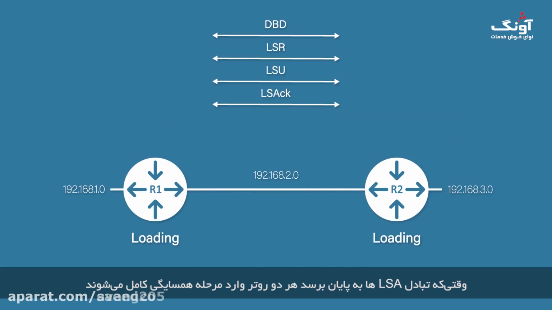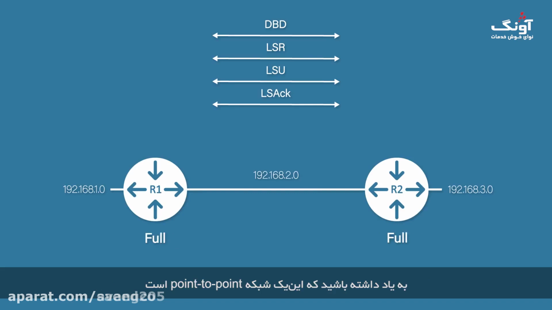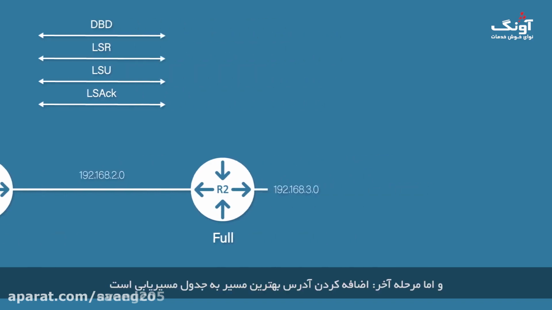Once the exchange of LSAs has completed, both routers enter the full neighbor state. Now remember, this is a point-to-point network. On a broadcast, like we saw earlier, they will only form the full neighbor relationship with DRs and BDRs.